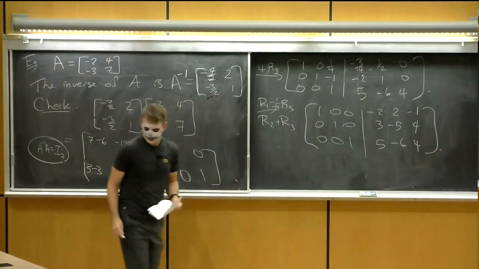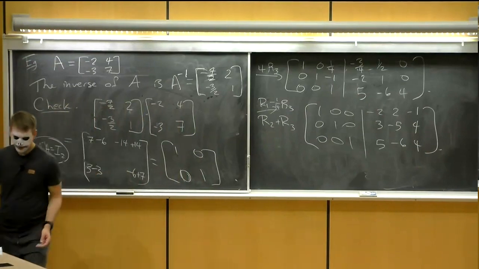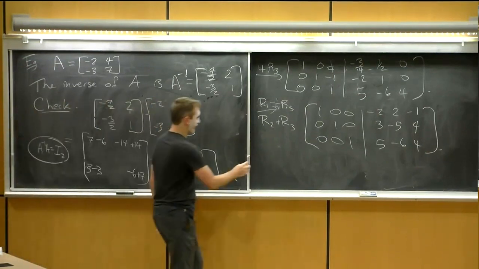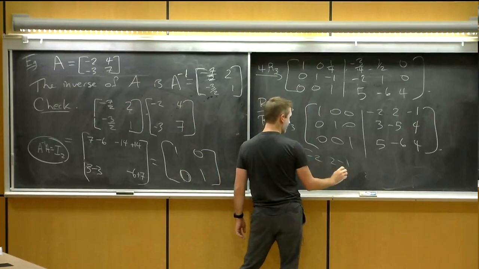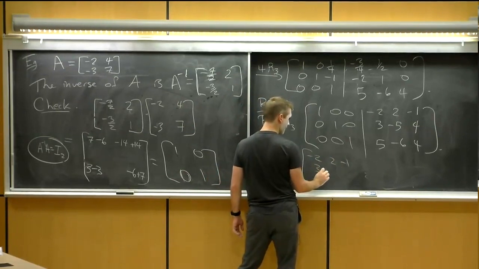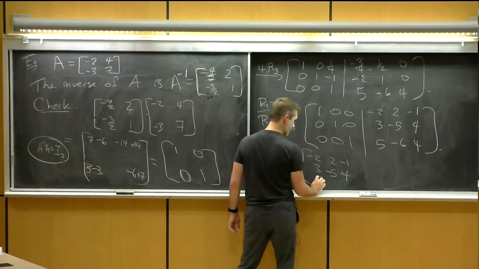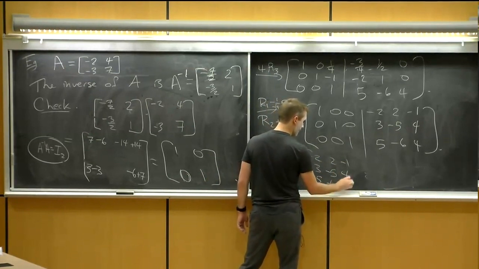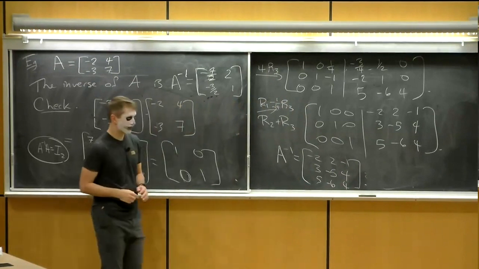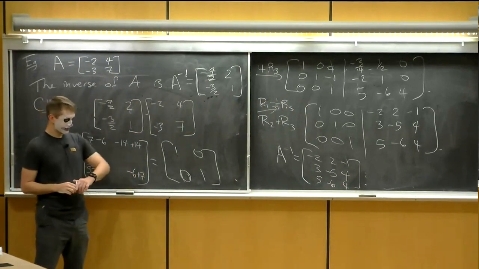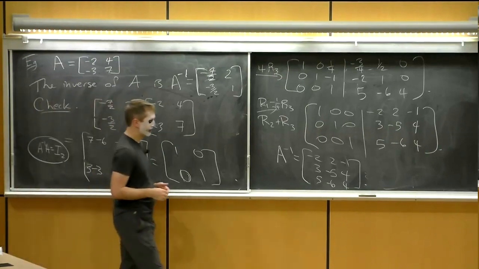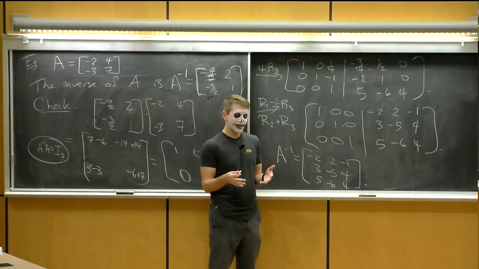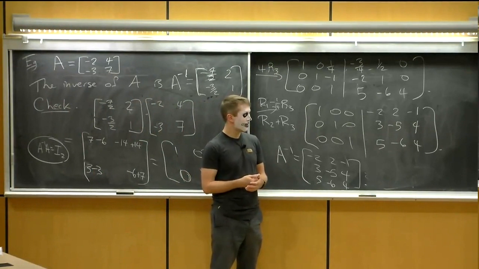Okay. So hopefully you can kind of take my word for it on some of these steps, but this is the inverse. If you were doing this, let's say on a test or something, and you got to the end of the test, you've got time to check your answers, how would you check this?